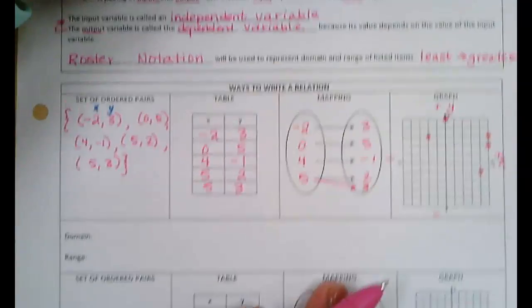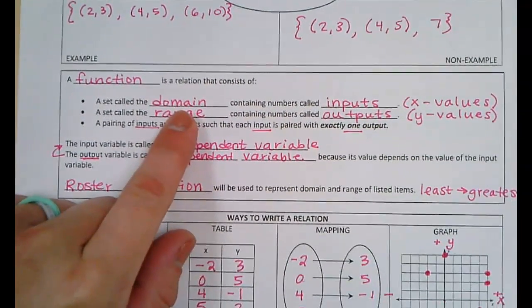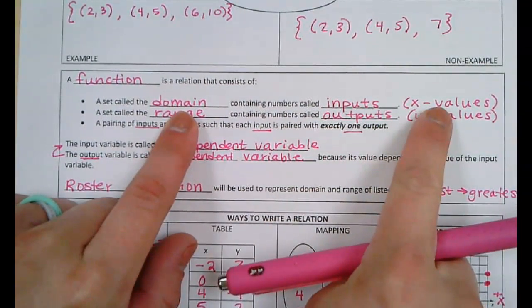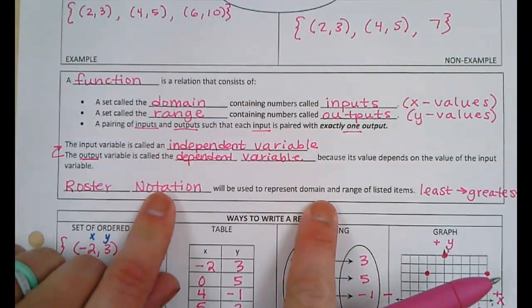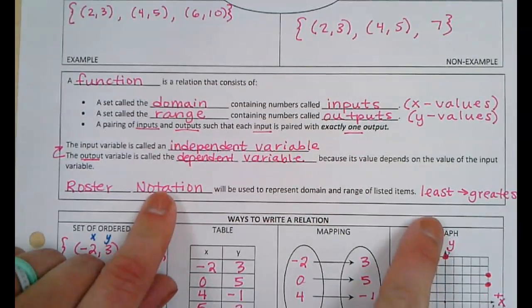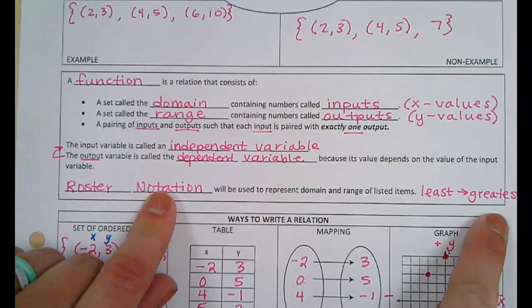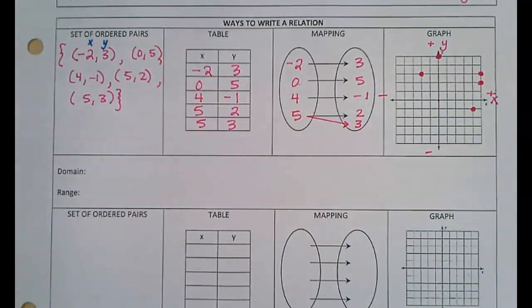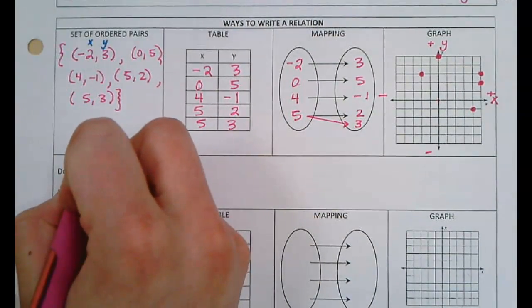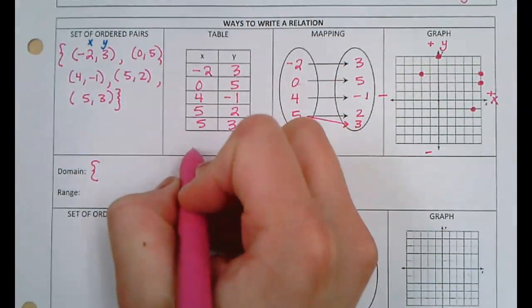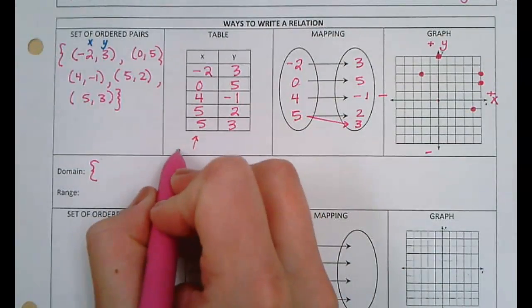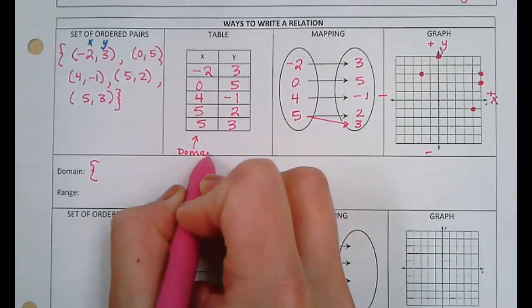The last thing we're going to do is list off the domain and range for these. So if you want to go back to that definition there, your domain are all of your inputs or your x values. And we're going to list these domain and ranges in our roster notation from least to greatest. So for this first one, I'm going to start with a curly brace because that's how roster notation starts as well. And I'm going to look at all of my x values because my x values list off the domain.